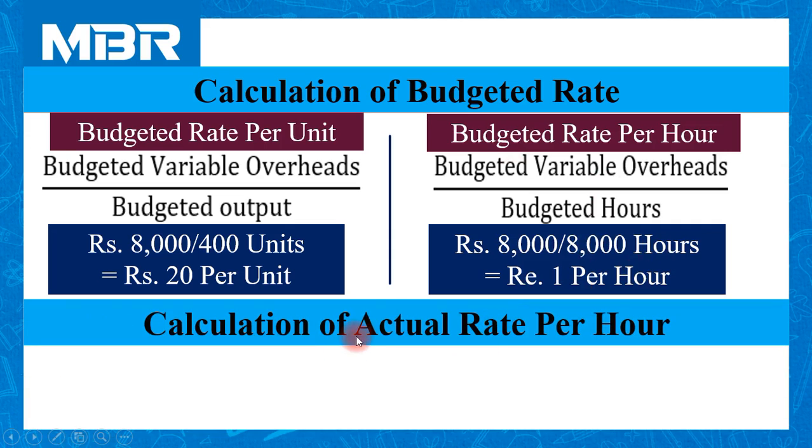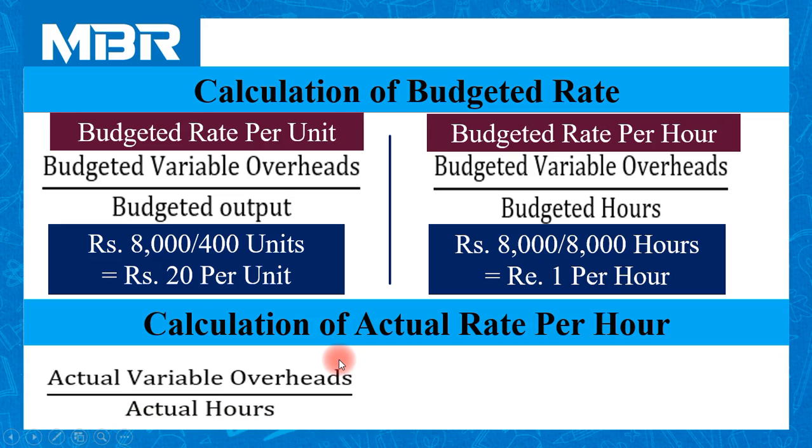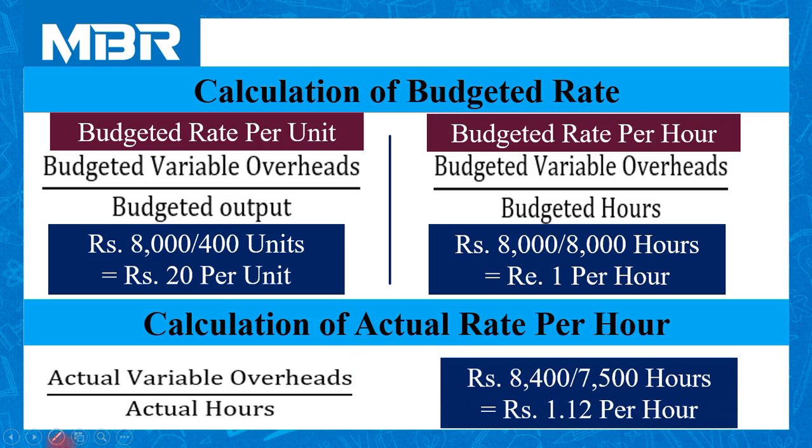Third, calculation of actual rate per hour. Formula: actual variable overheads divided by actual hours. You can check your question. Information related to actual variable overheads is given by the examiner in a ready-made form. It is rupees 8,400.